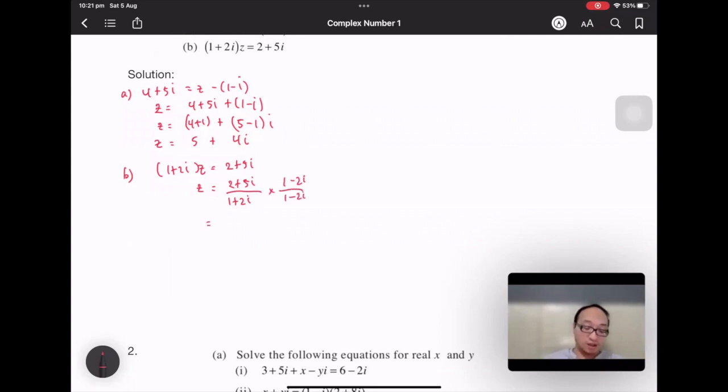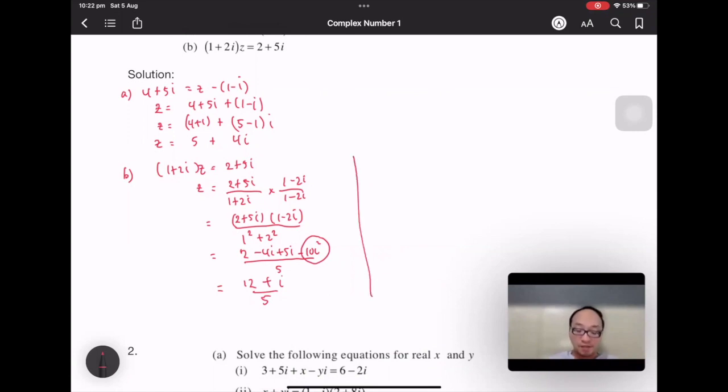So this will be 2 plus 5i times 1 minus 2i over 1 squared plus 2 squared. So 2 minus 4i plus 5i minus 10i squared over 5. This is 12 because 10i squared will be negative 10, so it will be positive 10. 2 plus 10 is 12, and then plus i over 5.